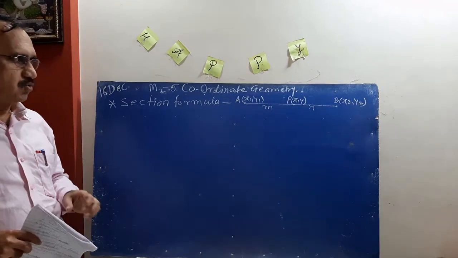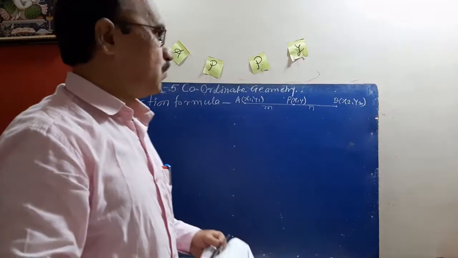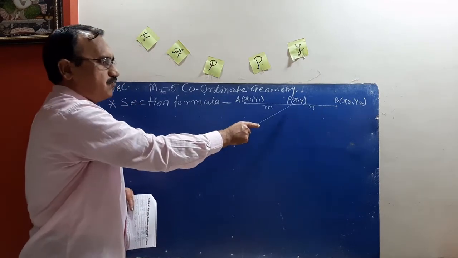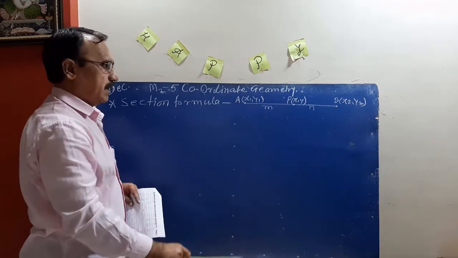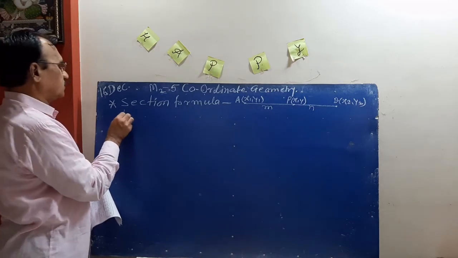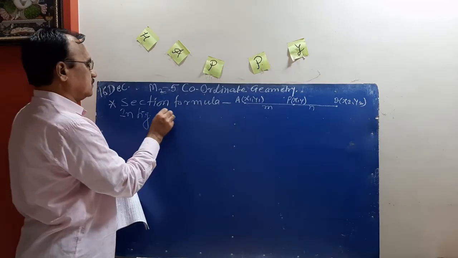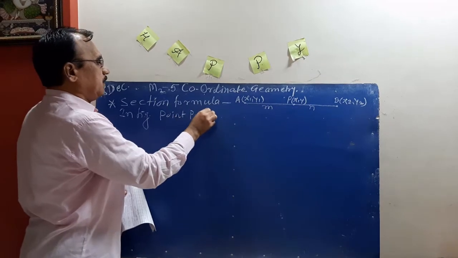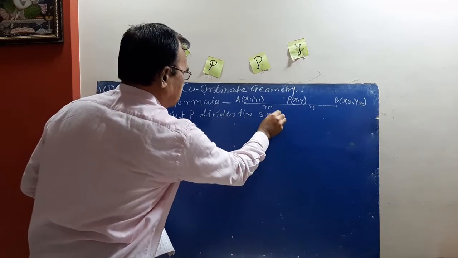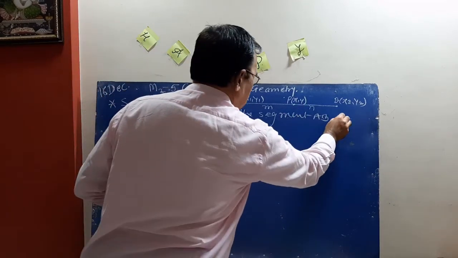If we have to find the coordinates of point P, x, y, where A is x1, y1 and B is x2, y2, write in the figure: point P divides the segment AB in m to n ratio.